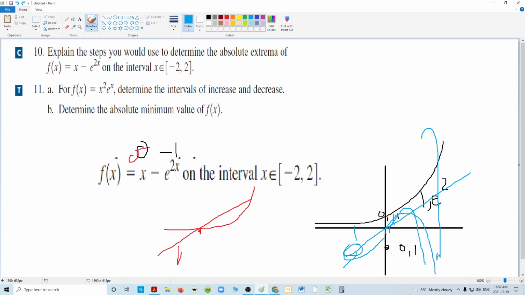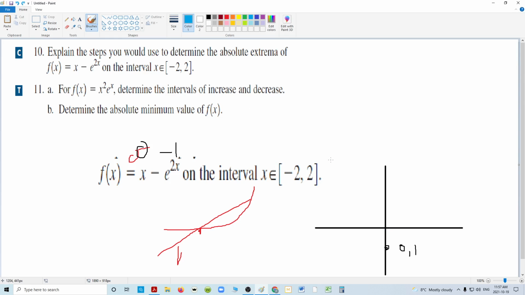The best thing to do is to take several points. So we can see when x is, let's start with the extreme. When x is minus 2, you're going to get e to the minus 2 times 2, which is minus 4, which is the same as minus 2 minus 1 over e to the 4. So it's a very small number, and you could plot it.